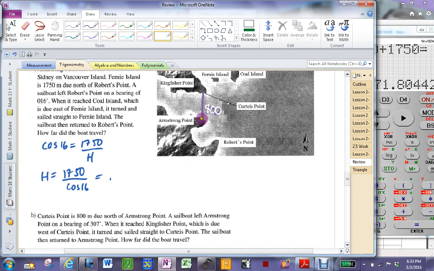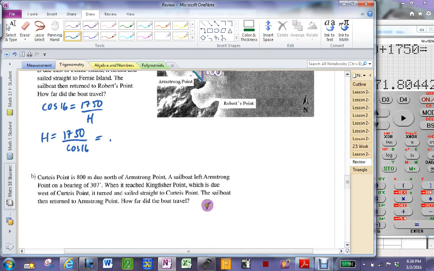I go off at 307, which is over this way to Kingfisher Point. 307 is 53, isn't it? Because 360 would be all the way around. I went around 307, so there's 53 left over. Then there's that. So I need to know these two sides.